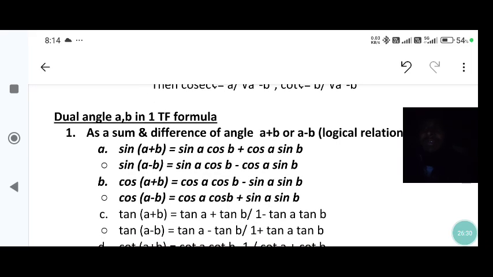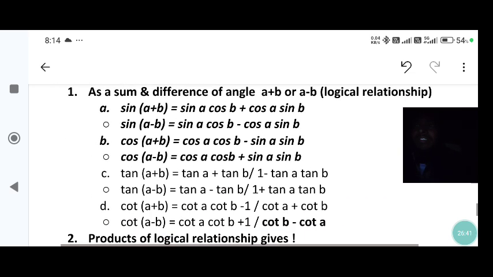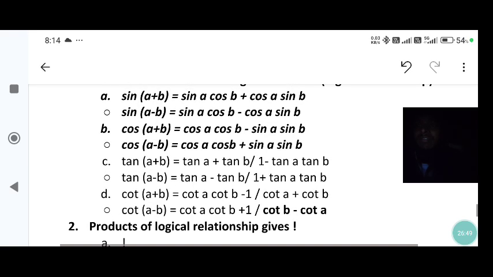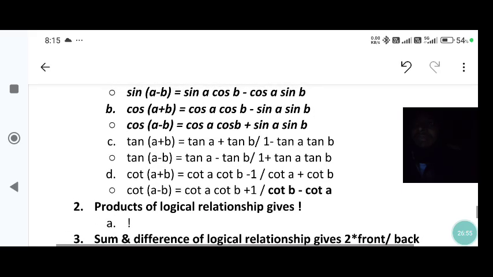Dual angle: if dual angles a and b are present in one trigonometric function or in two trigonometric functions on the other side. Like sin a plus b, the answer is sin a cos b plus cos a sin b. For sin a minus b, it is sin a cos b minus cos a sin b.